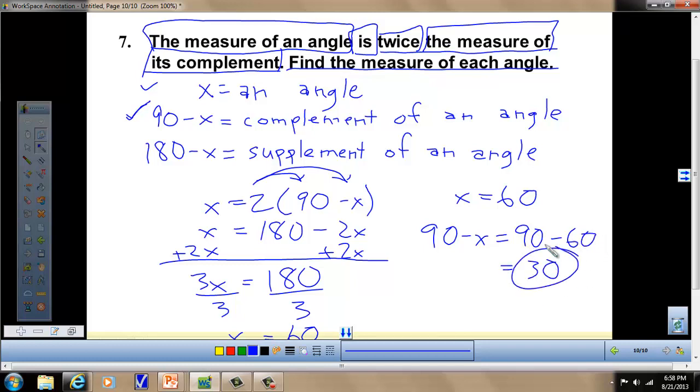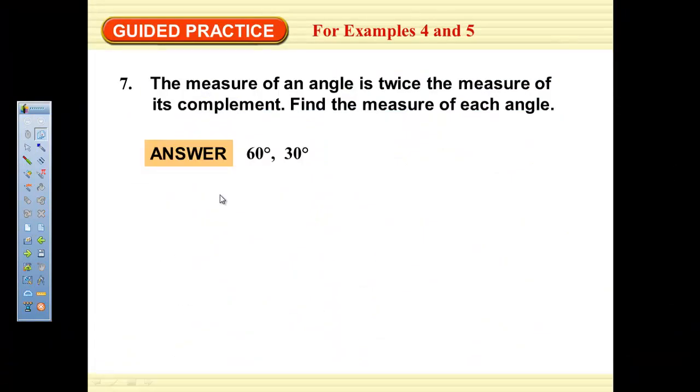So the two angles are 30 degrees and 60 degrees, where one of these angles is twice the measure of the complement. So this angle is twice what this complement is. Okay? And that's it. That's all we have for this one. There we go, 60 and 30. Thank you much.